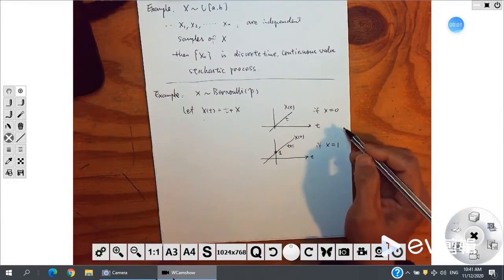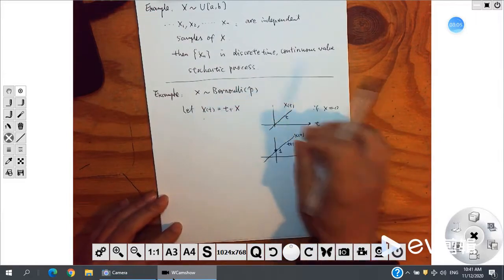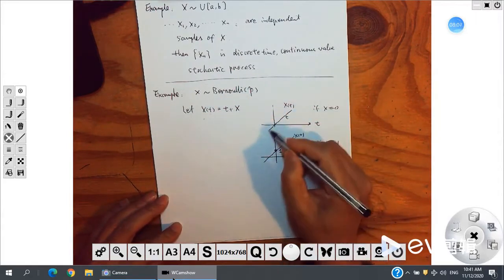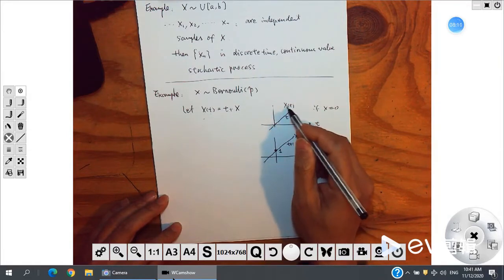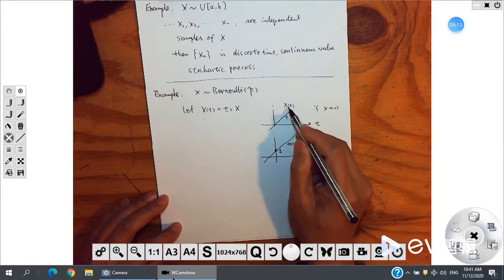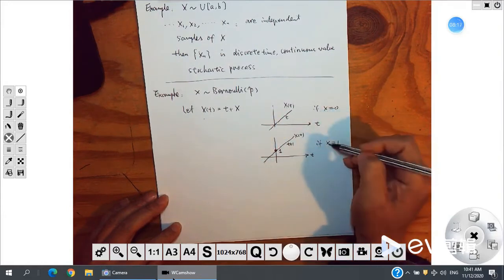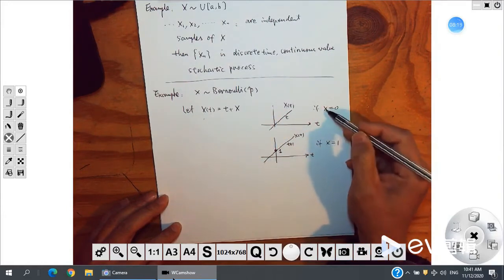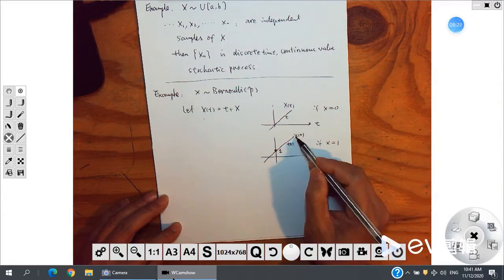If you look at it overall for all the t, the result will be two straight lines, two functions of t. You have two different functions depending on the value of x. You pick x randomly, so it will be 0 or 1. If it is 0, you have this function. If it is 1, then you have this function.